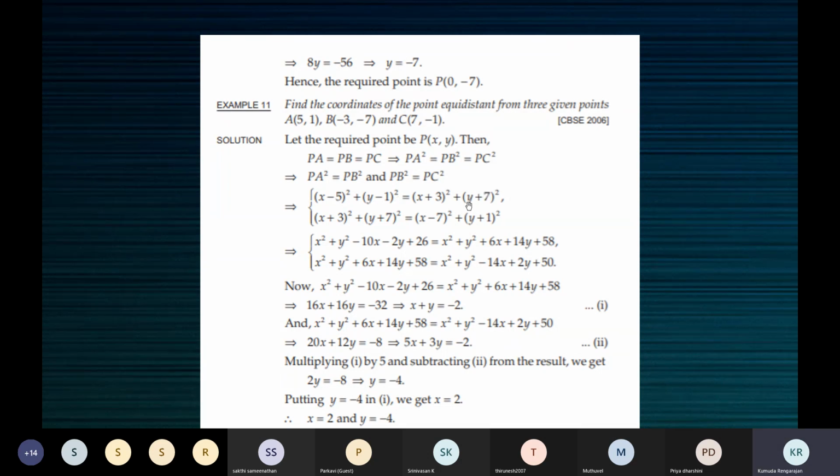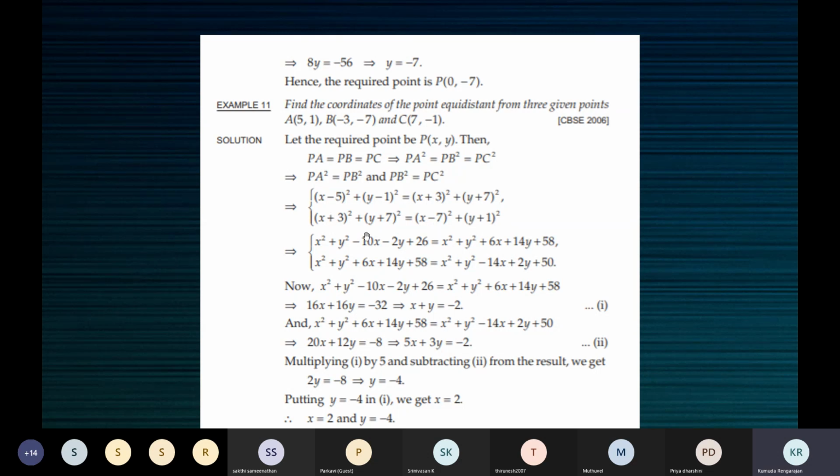Now bring all the terms to one side; x square and y square on either side will get cancelled, and you will get this equation x plus y is equal to minus 2. We are not factorizing at all here. We are expanding. We are using the formula a minus b the whole square, a plus b the whole square and expanding it. Then we take up this equation PB square is equal to PC square, which is this one.